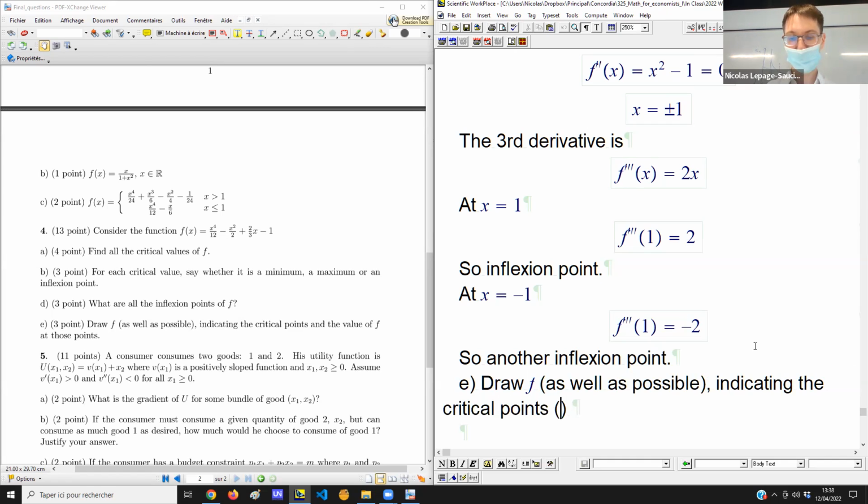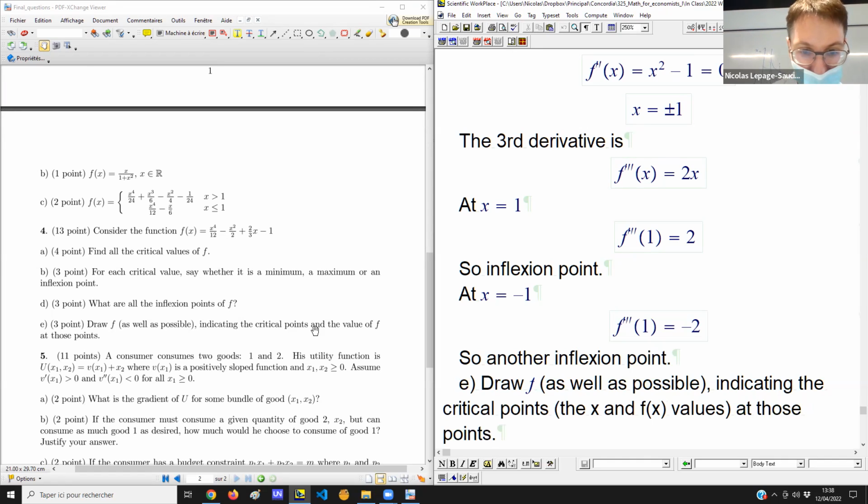So what I'm saying there is the x and y value, or f of x, at those points. What did I write there?